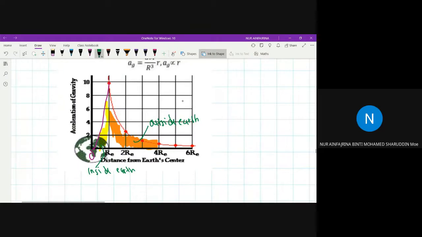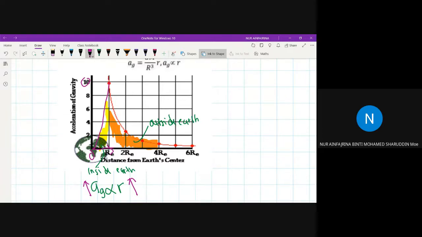For inside earth, gravitational acceleration there is directly proportional to R, to your distance. If your distance increases, your gravitational acceleration also increases. As you can see, the distance increase, gravitational acceleration also increase. So nampak tak? From 0 to 10, dia akan increase.